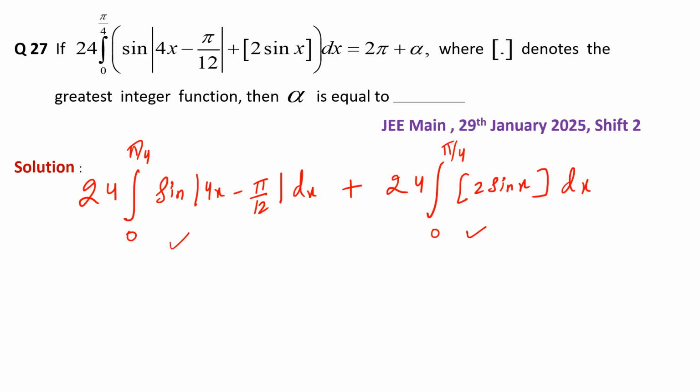Now we know that mod of x is equal to x when x is greater than or equal to 0, and mod of x is equal to minus x when x is less than 0. So this clearly means that mod of (4x minus pi upon 12) will be equal to 4x minus pi upon 12 when 4x minus pi upon 12 is greater than or equal to 0.